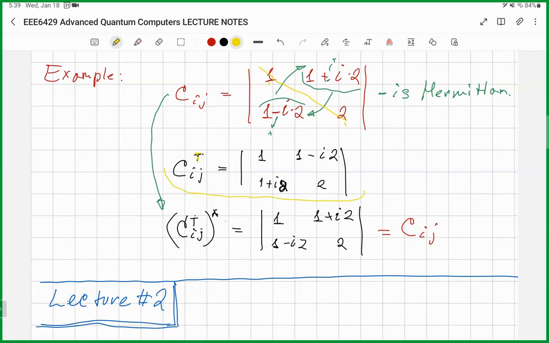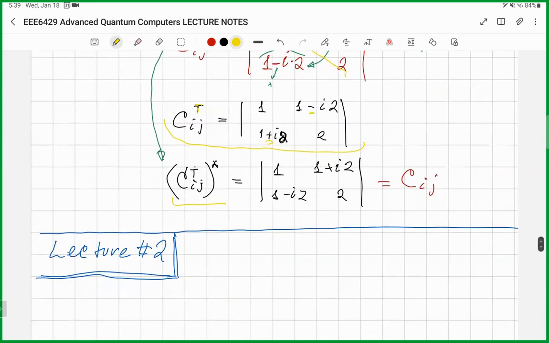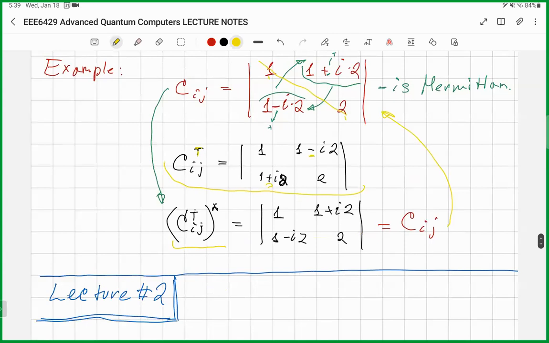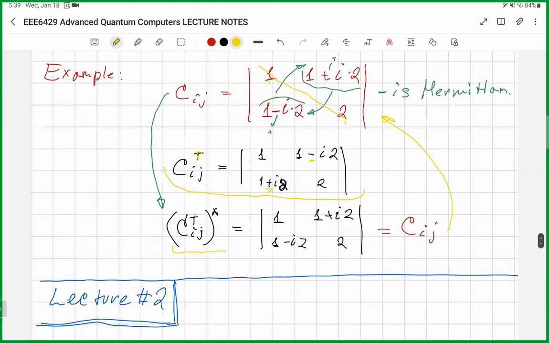Then we took the complex conjugate version of this matrix and replaced the sign before the imaginary number here and here, and we got this matrix, which is exactly equal to our initial matrix. This means that the matrix is Hermitian.